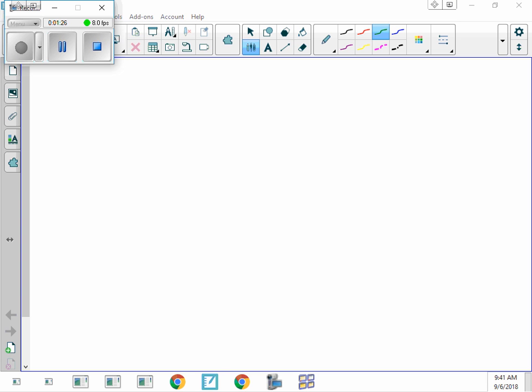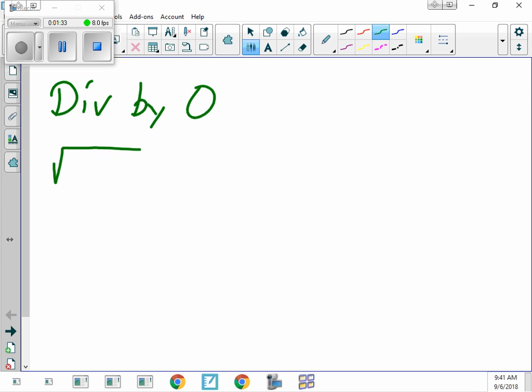So the two things we can't do is divide by 0 and square root a negative number. There is one more category which deals with logarithms, but that's not for several chapters down the road. So for today, all we have to worry about is dividing by 0 and square rooting negatives.